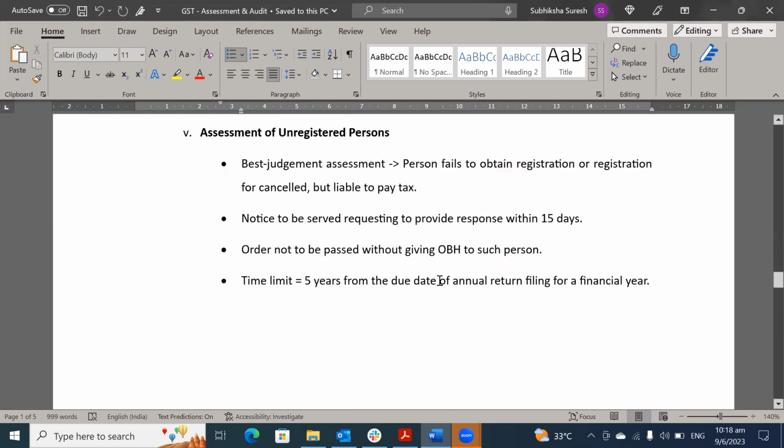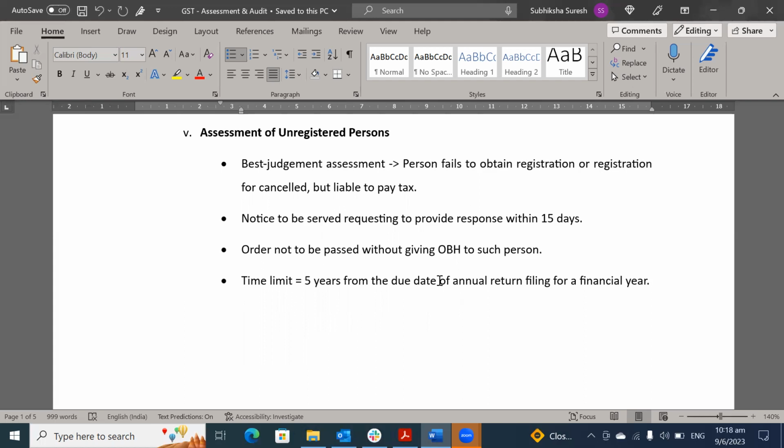In case of unregistered persons, here it means persons who are eligible to be registered under GST but haven't registered, and persons whose registration has been cancelled by the proper officer for not filing the returns within the time period.